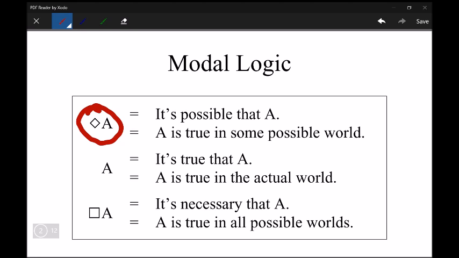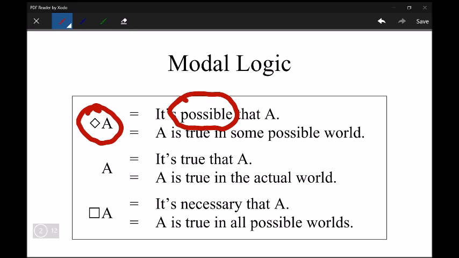You could mean morally possible. It's permissible. You could mean it's physically possible. It accords with the laws of nature and biology and stuff. You could mean logically possible. That's usually the last one. Logically possible is what we will mean in modal logic, at least most of the time.